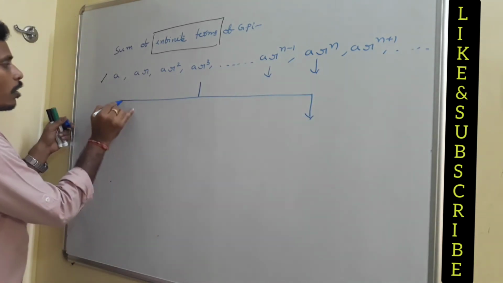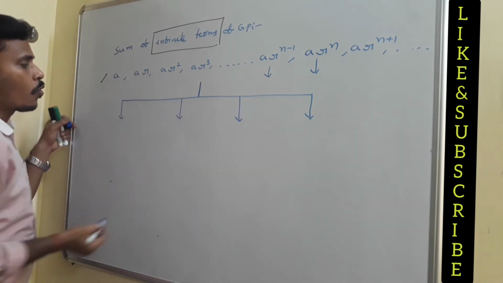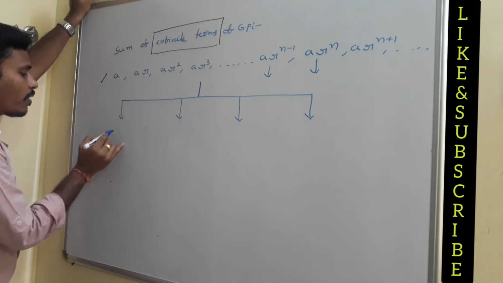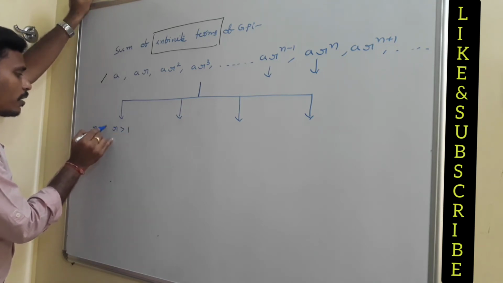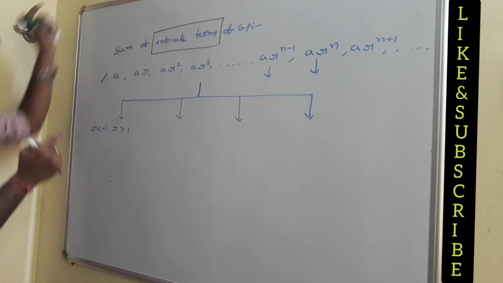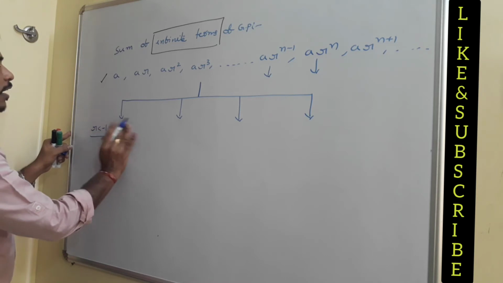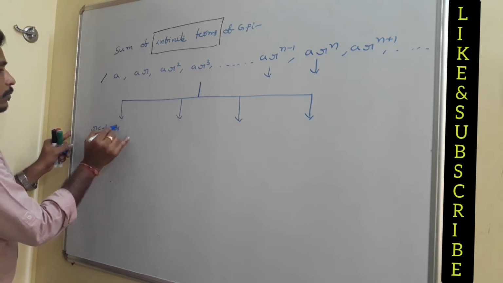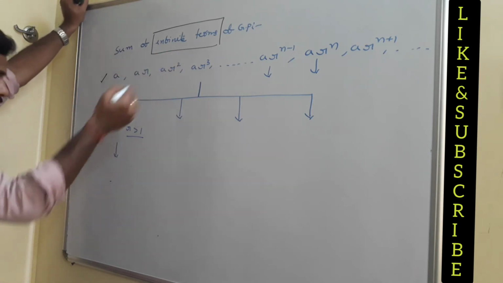I am dividing the total situation into different regions. If the value of R is greater than 1, or if the value of R is less than -1, I am neglecting -1 to 1 for now. Either R less than -1 or R greater than 1. In this case, the terms will appear like this.